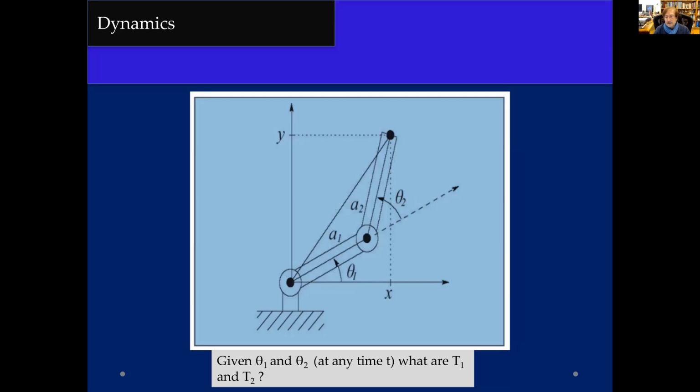Then we start to talk about dynamics. When we talk about this type of motions, there must be something which actuates these motions. We talked about actuators, actuation. There must be some torques and forces so that this mechanism is going to move.